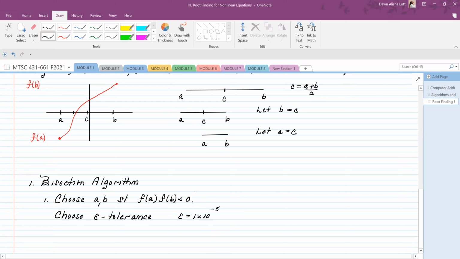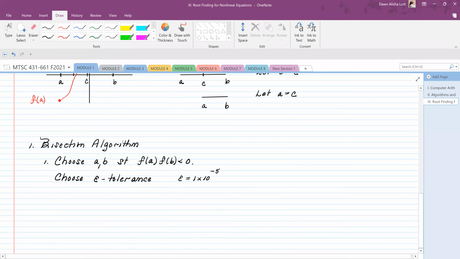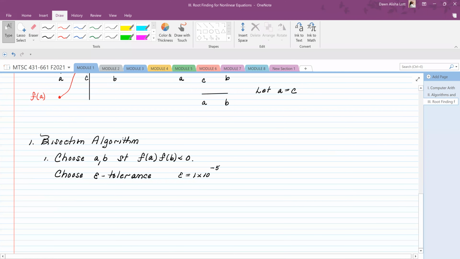That's really, really small. I probably wouldn't make it 10 to the minus 10. And this can actually change, so why don't I just make it 10 to the minus K, where K is variable.